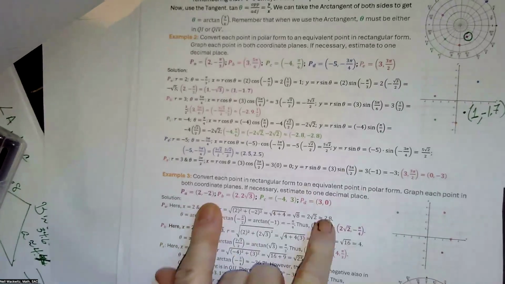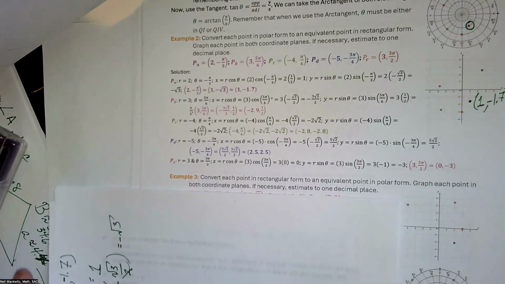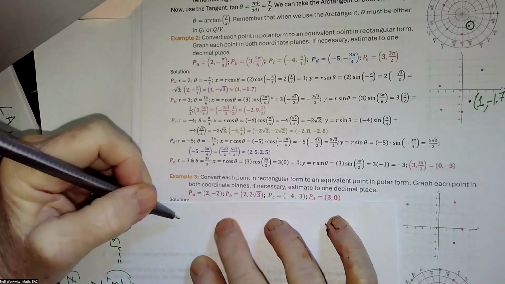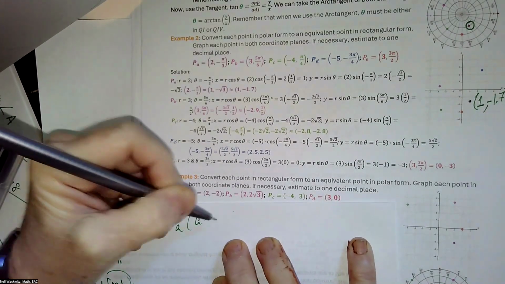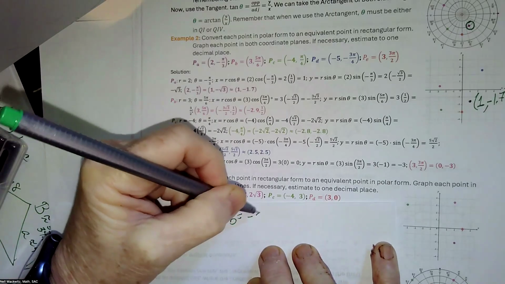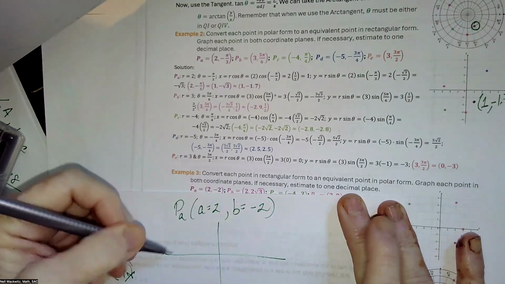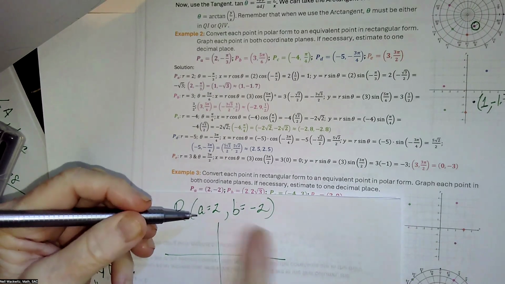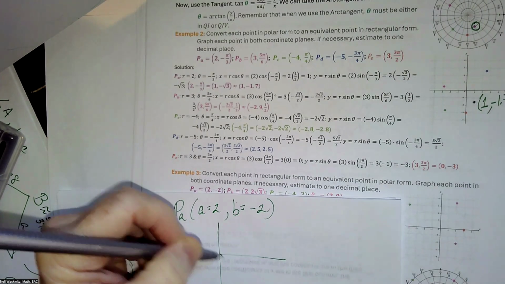Okay, let's do the opposite. Let's start with rectangular coordinates and go toward polar. So here, point A, little a is +2, little b is -2, and we can draw a triangle. Let's see, if a is positive and b is negative, we're in quadrant 4.